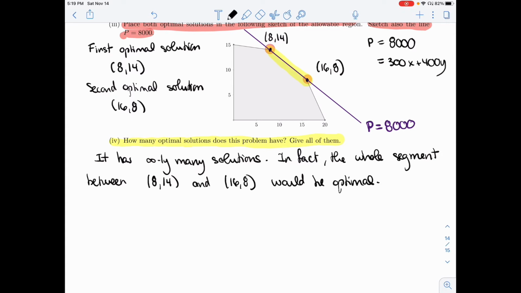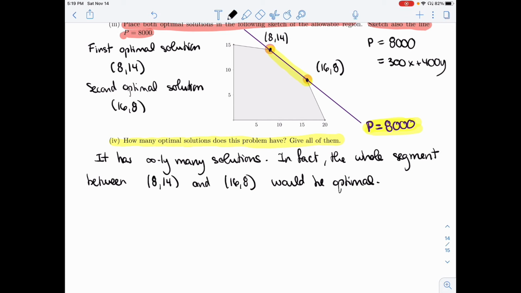All right, so geometrically, that's what's going on. The level curves for the objective function are parallel to one side. And so it wouldn't intersect at just one of the vertices. It would intersect at an entire segment.